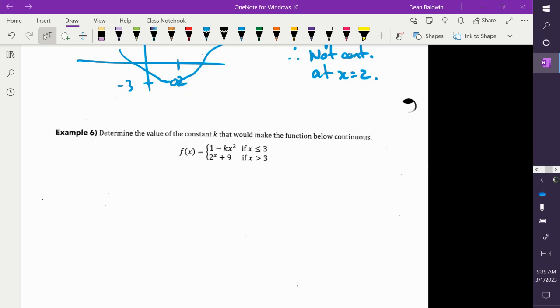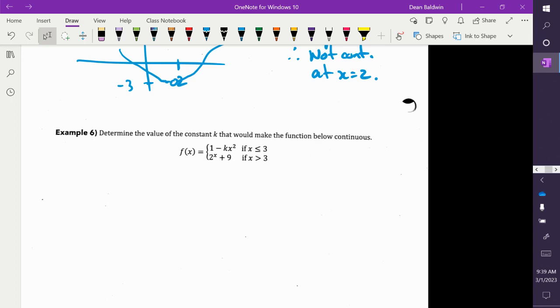So for it to be continuous, what must happen? Yeah, coming from the left side and the right side have to equal. There's only two definitions of your function here. So it means that when you're coming from the left side, x is less than or equal to 3, this has to equal that.